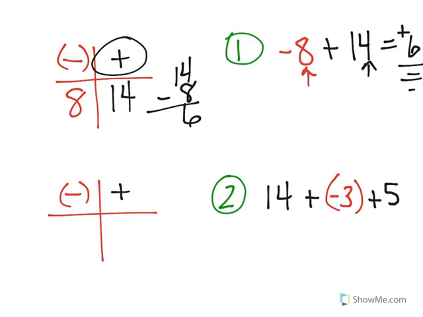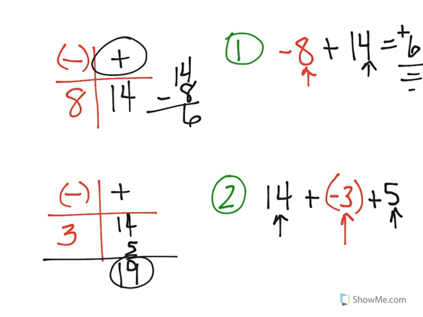All right, let's look at the next one. Number 2, it should have looked like this. The negative team only scored a lousy 3 points. The positive team scored 14, and they also scored 5. If I look at the total, they scored a total of 19, and the negatives a lousy 3.